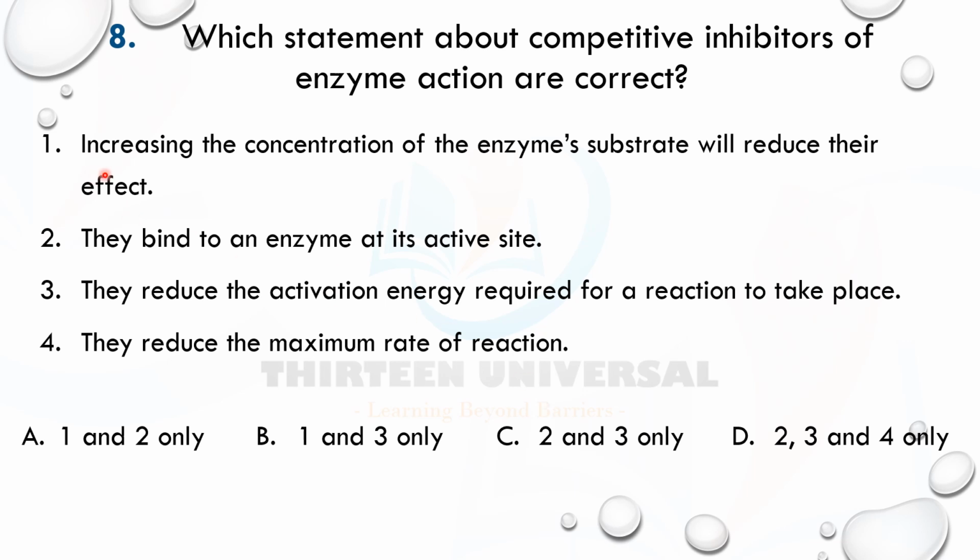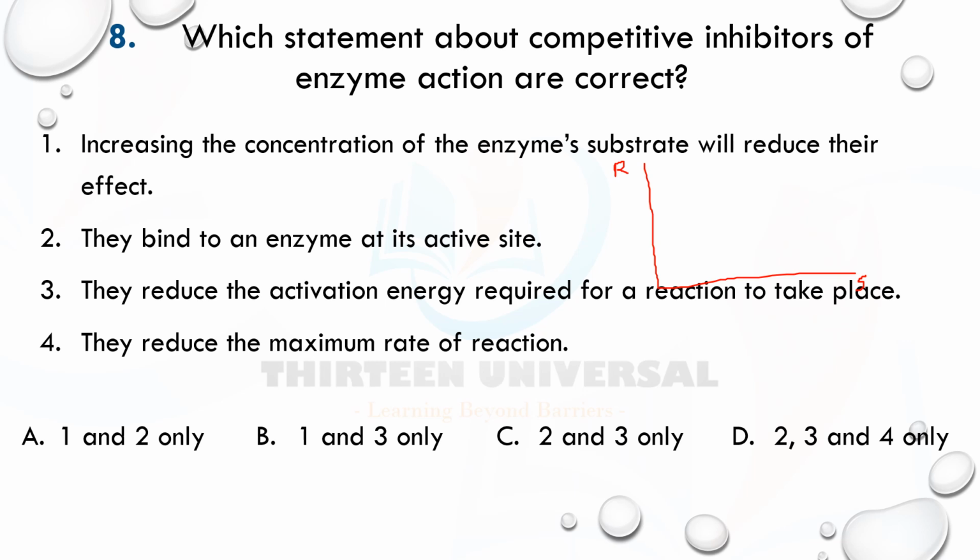Okay, let's get into it. Increasing the concentration of enzyme substrate will reduce their effect. Yes. I just drew it now, look at it. The other question we did, if you have a graph, look at this graph. This is a graph of substrate concentration, S is substrate, against rate of reaction.